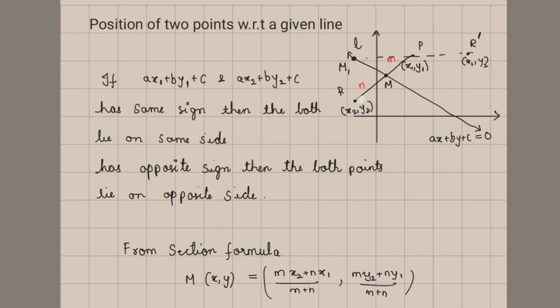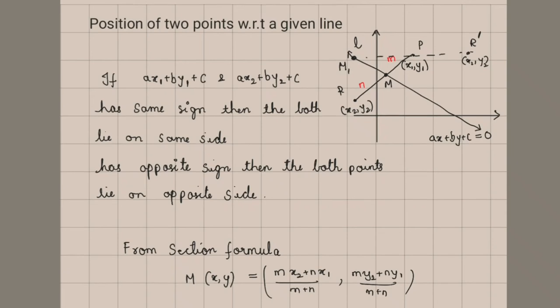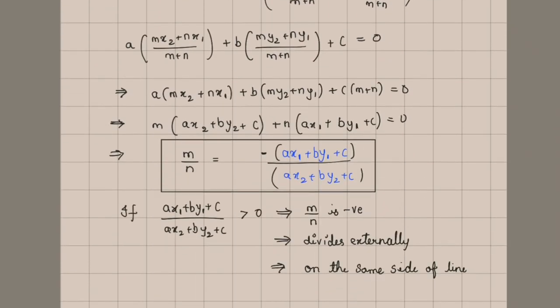So they will give some two points P and R and the line L. They will ask the ratio in which the line L divides the line segment PR, which is m is to n, which is nothing but you need to substitute the points (x1, y1) and (x2, y2) in the line equation, and we need to find the ratio minus of (Ax1 + By1 + C)/(Ax2 + By2 + C).